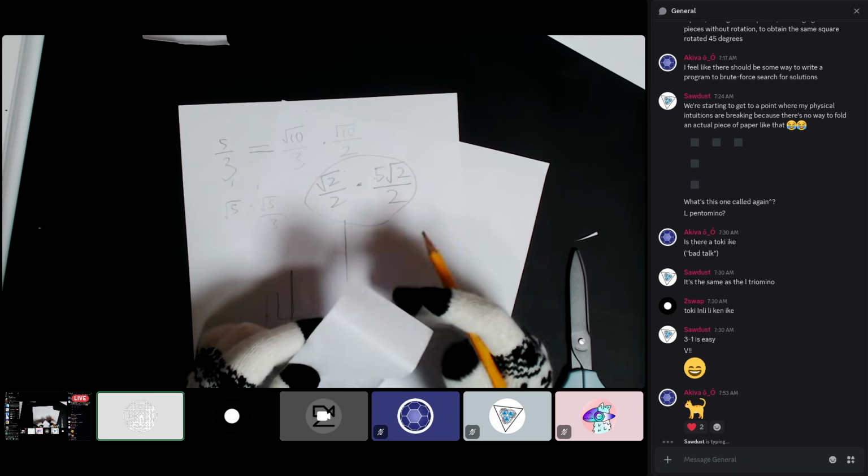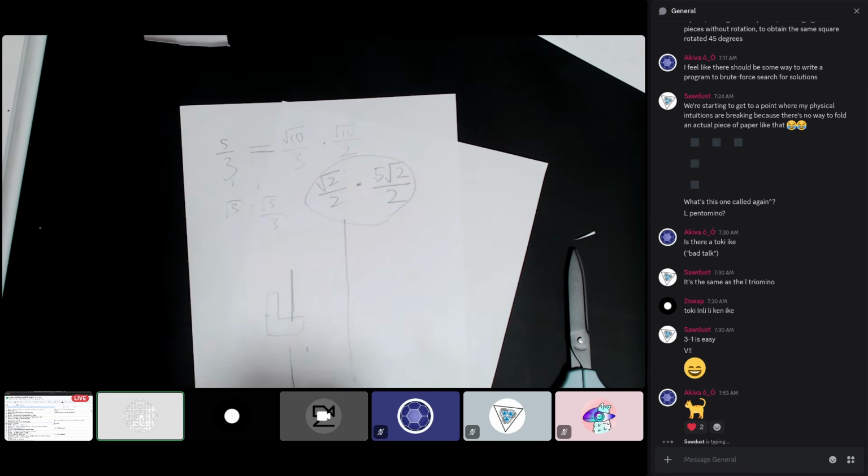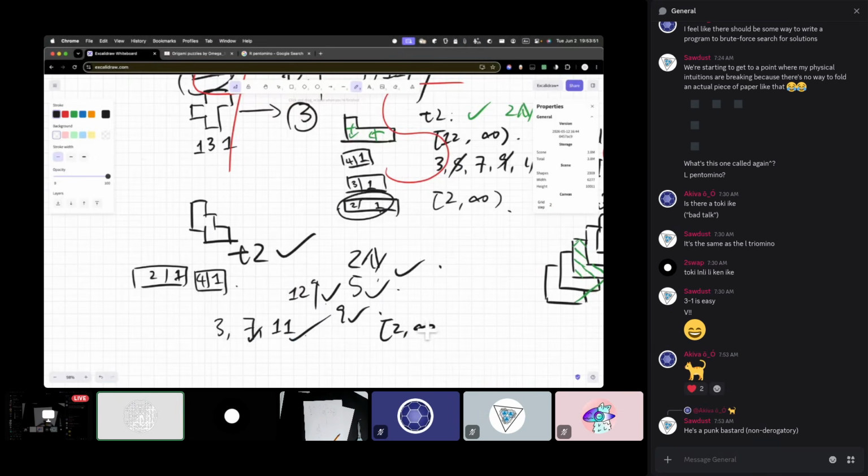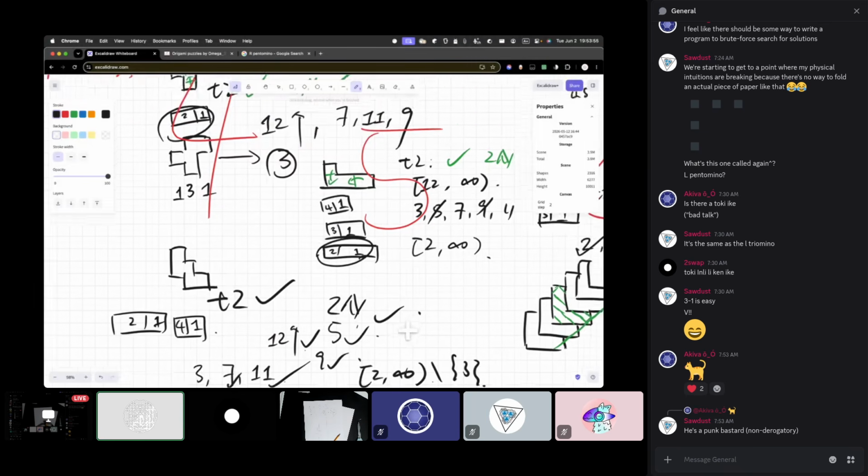Anyways, I'm going to continue, and we're going to assume that all cases 2 and above, except 3, are possible. And we don't know about 3.